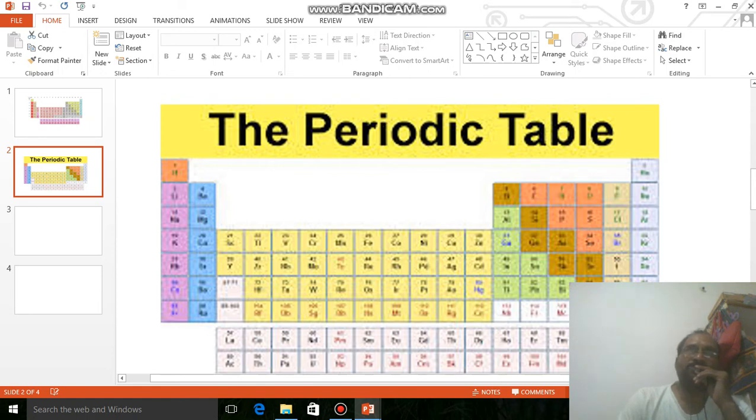Those are third A to 0 group or 8th group, otherwise 13th group to 18th group. Here I mention it in the periodic table clearly.